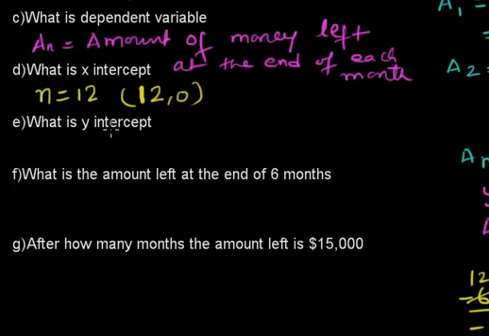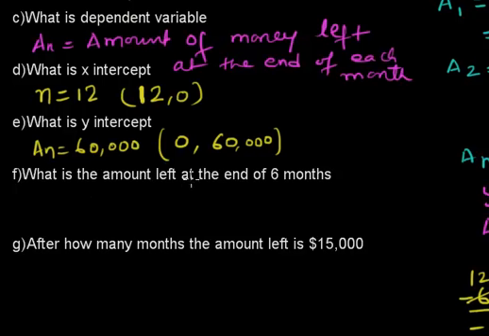What is the y-intercept? The value of b in this equation is 60,000, so A_n, that is 60,000, is the y-intercept, and I can represent it as (0, 60,000).